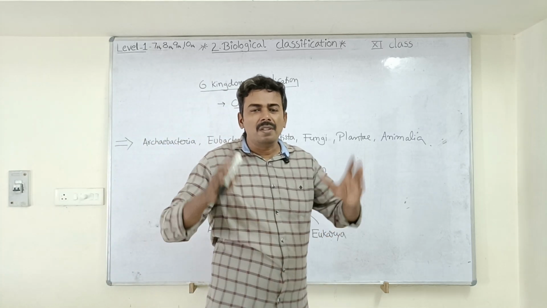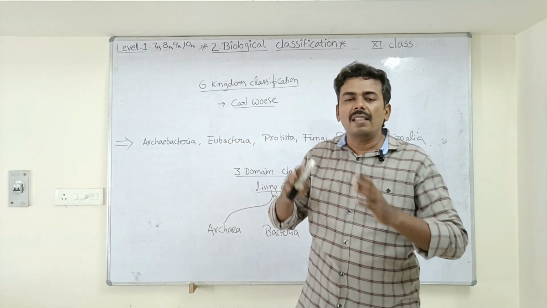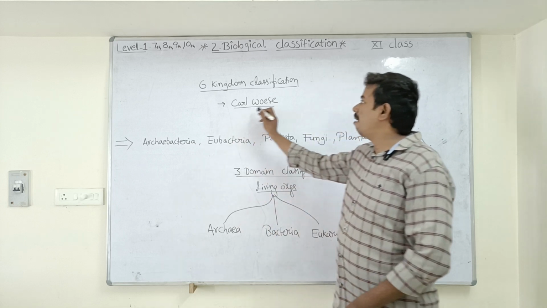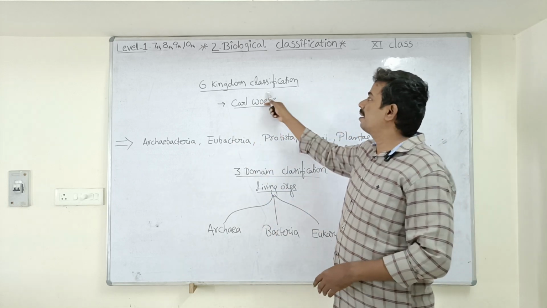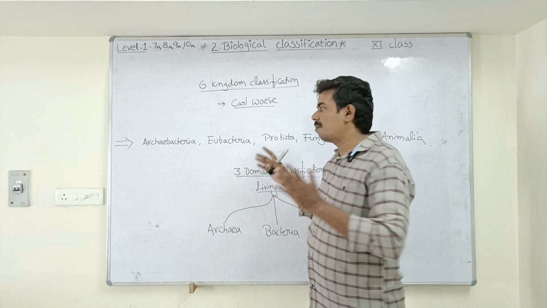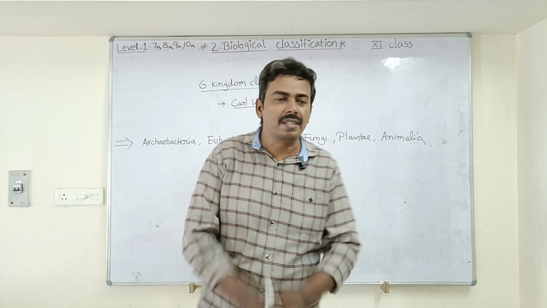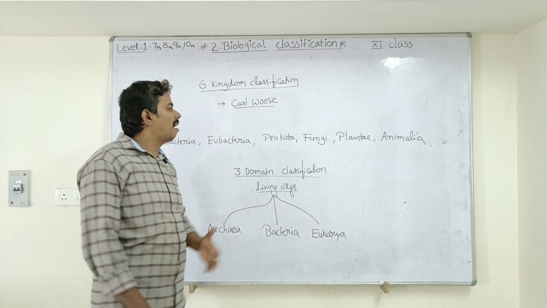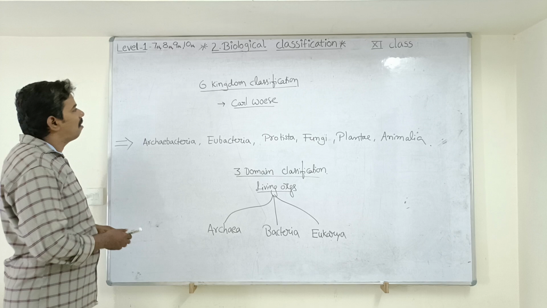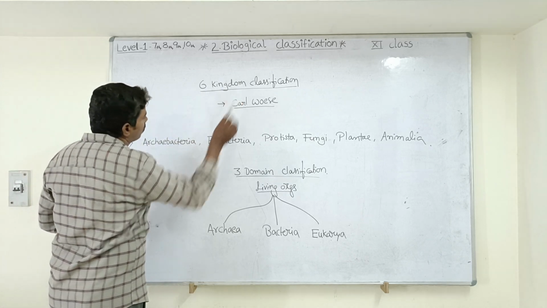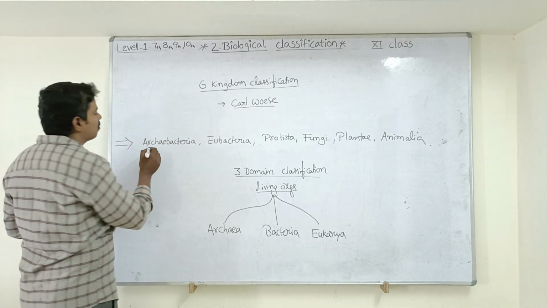Students, we discussed the five kingdom classification. Another taxonomist called Carl Woese gave the six kingdom classification. Let us see some of the important points of this classification. Carl Woese classified the living organisms into six kingdoms.